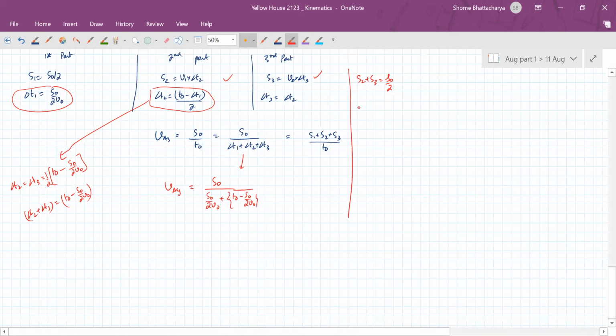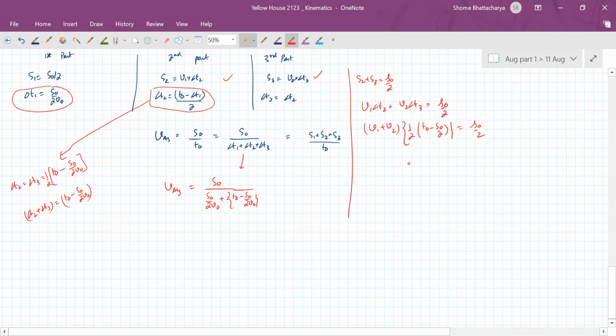So that's our second equation. This is S naught by 2. But delta T2 is equal to delta T3. So we have this other relation. And this time interval is half of T naught minus S naught by 2. So this is S naught by 2. So this is clear now?